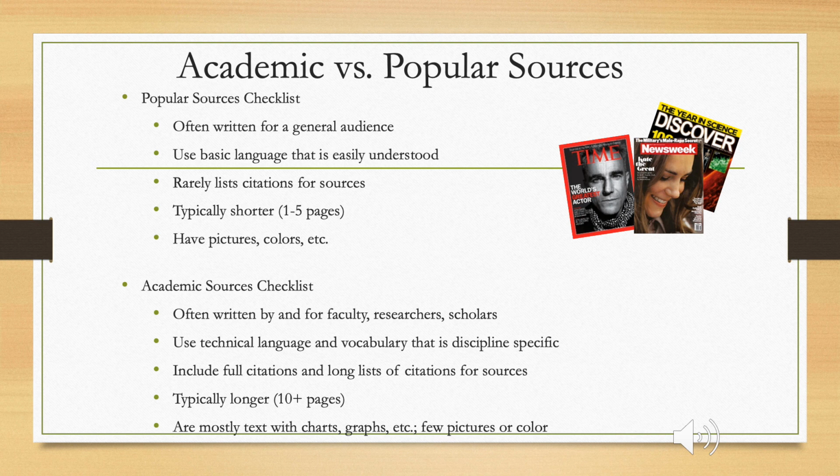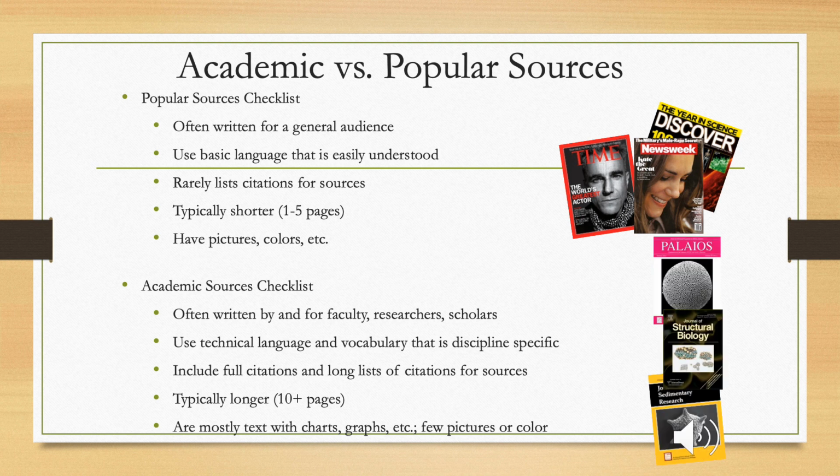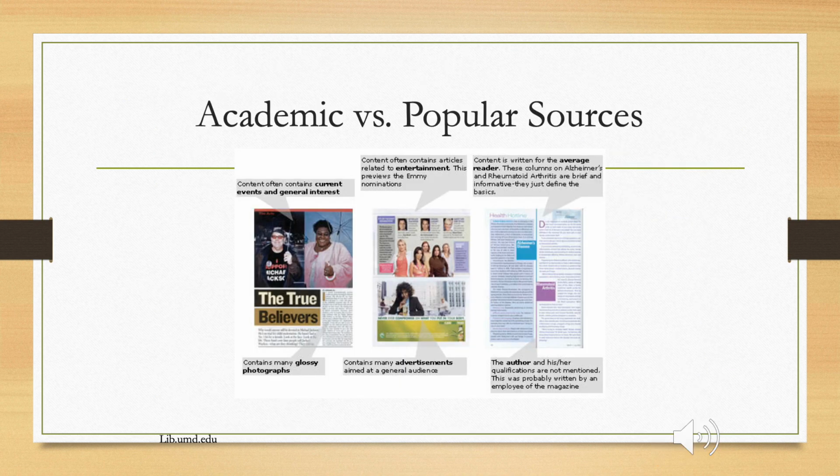And they are mostly text with charts and graphs, and few of the pictures that are included are going to be colorful. So some examples of that can be seen on the right. So we have the Journal of Structural Biology. So any pictures that you see are probably not going to be pictures of people like our popular sources.